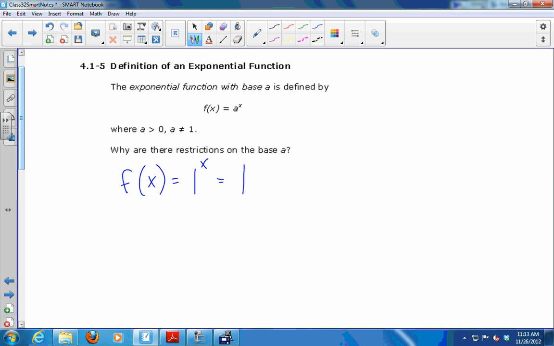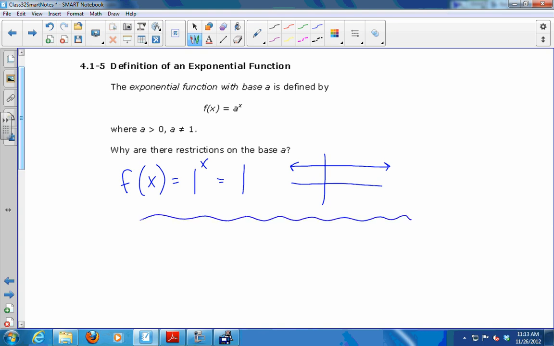So f of x equals 1 has no growth at all. It just looks like this, which is a line. This is not any new kind of growth, right? This is something we've already studied. So we say in order for this to be exponential growth, like the rabbit population, a can't be 1. If a is 1, it just looks like something old we've studied before.